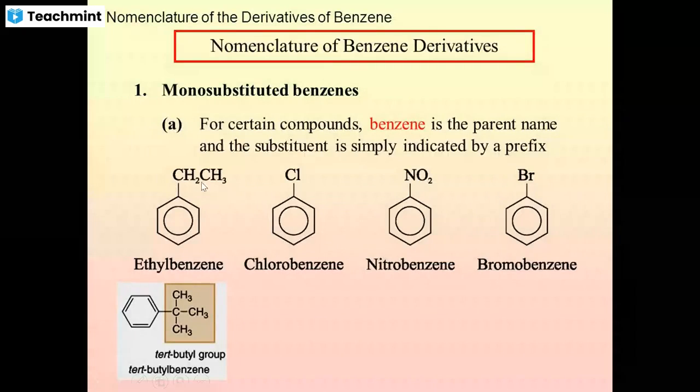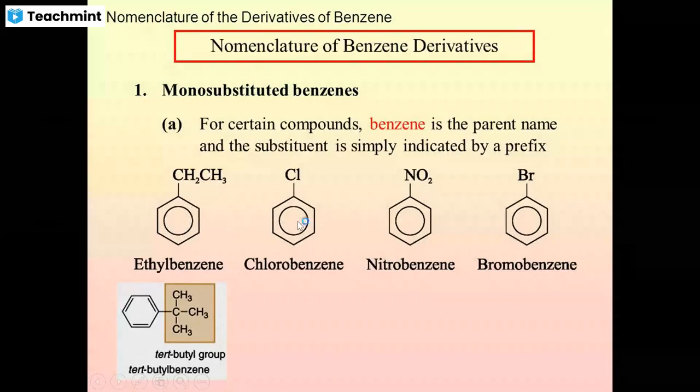So the parent compound is benzene and ethyl is a substituent present on it, so we use ethyl as a prefix. Ethylbenzene is the name of this compound.